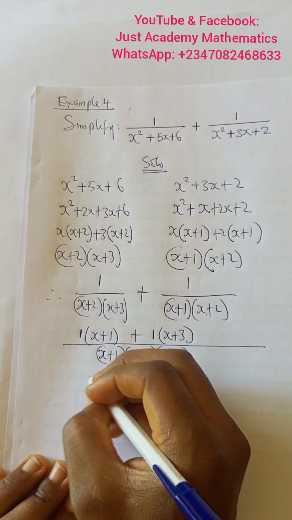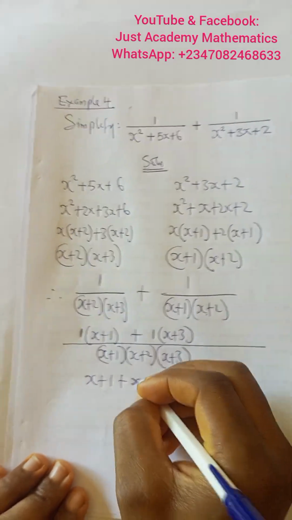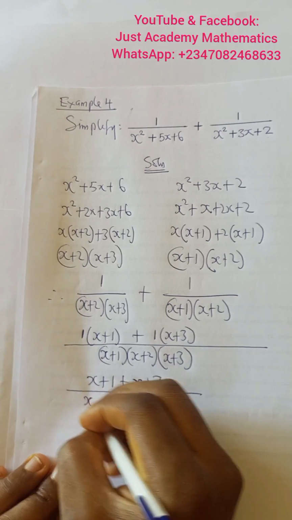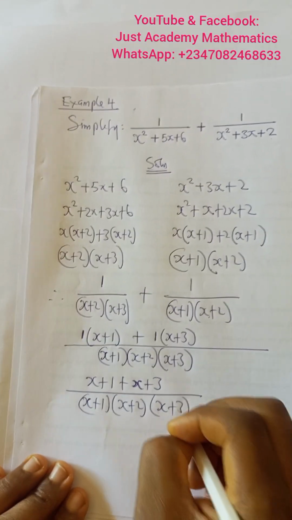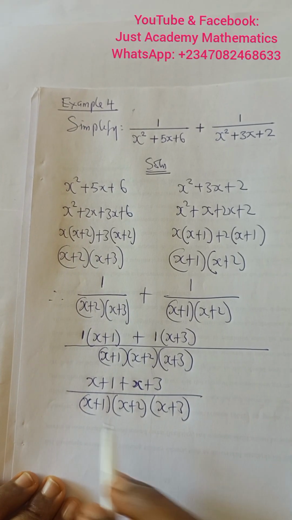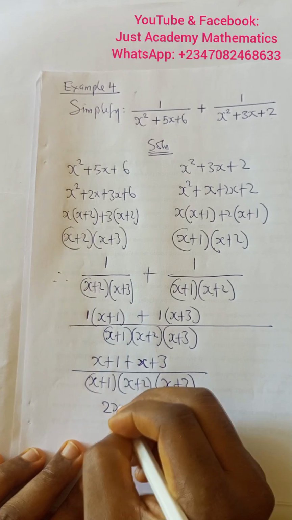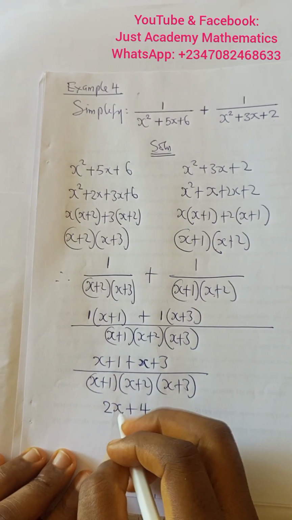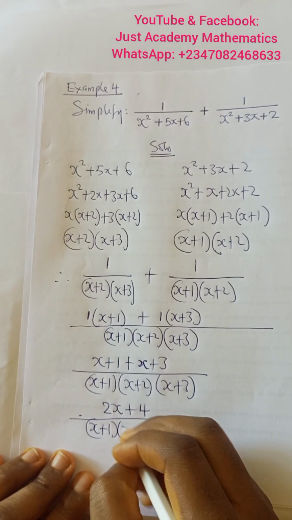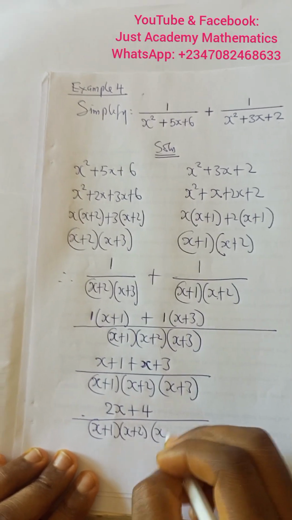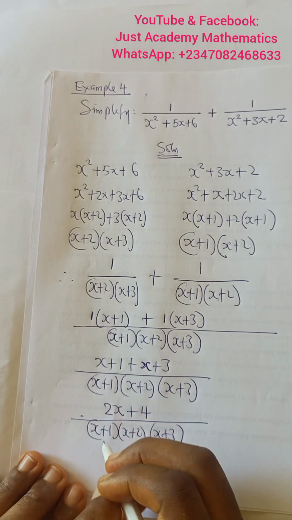So if we expand, we have s plus 1 plus s plus 3 over s plus 1 times s plus 2 times s plus 3. Of course, if you add this together, you will notice that we are going to get 2s plus 4 over s plus 1 times s plus 2 times s plus 3. And we can't stop there because something is common. 2 is outside.